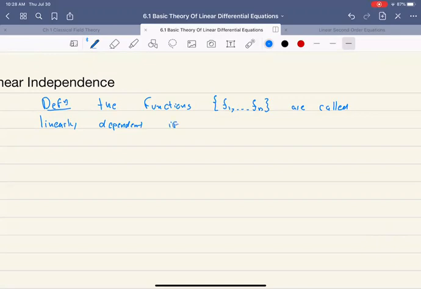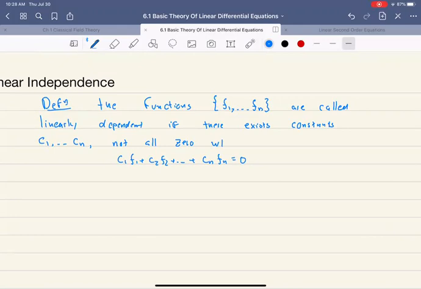If there exist constants c1 through cn, okay, not all zero, with c1 f1 plus c2 f2 plus cn fn equals 0.